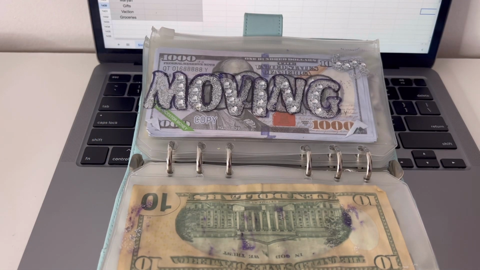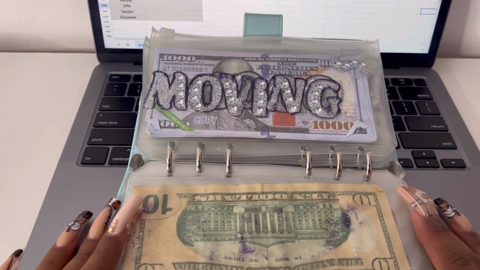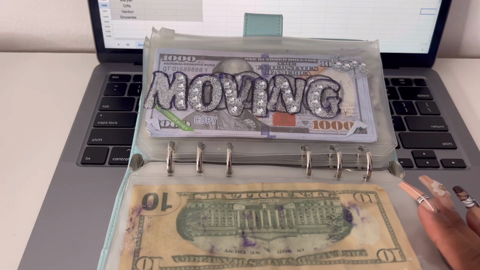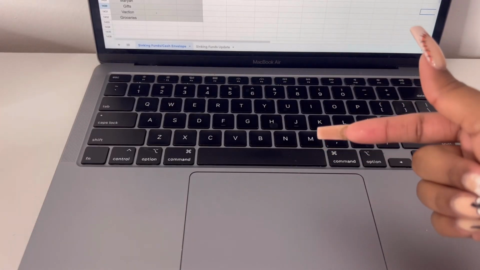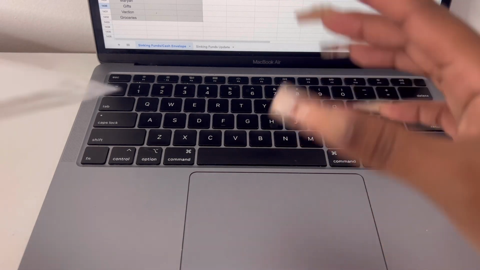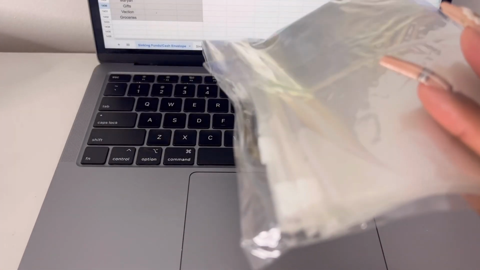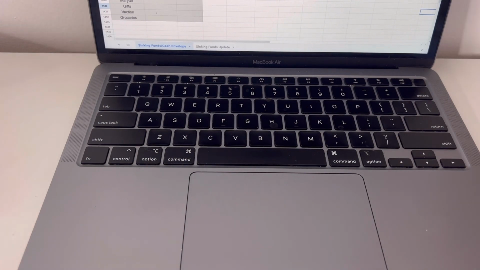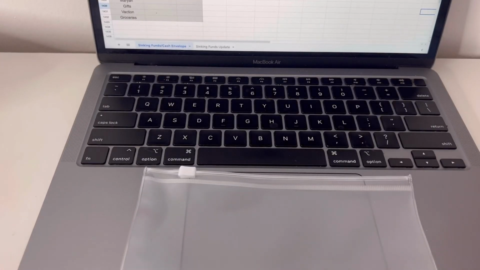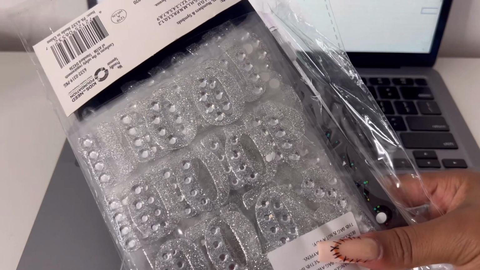Okay, so that's it for updating our sinking funds. Now let's work on changing some envelopes. So normally when I made these, I did make a video about it. You guys can look further down on my YouTube and find it, but I'll show you guys what I use. So I just have the envelopes here. I want to make one for bills, so I have the envelope here. These were the gems that I used.